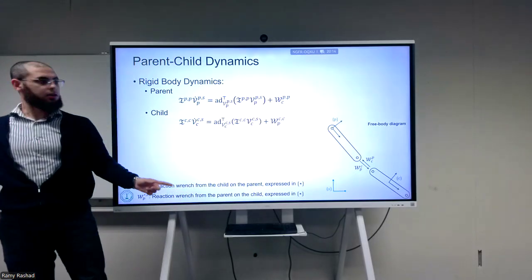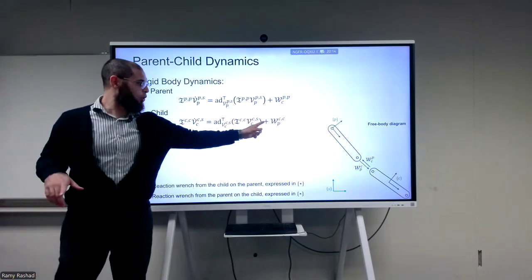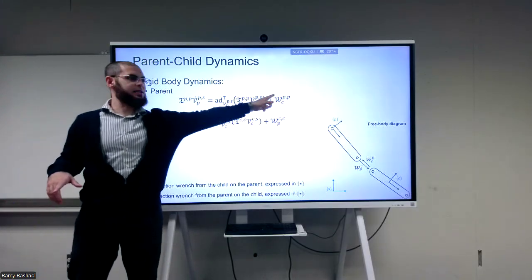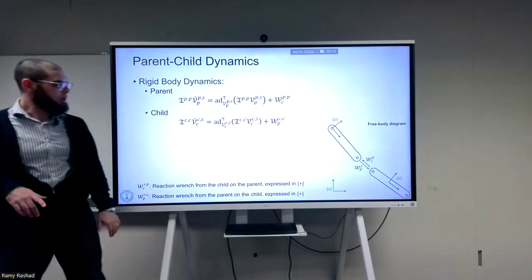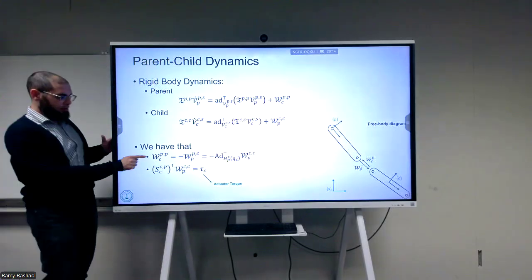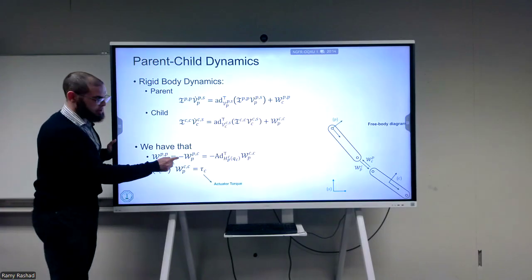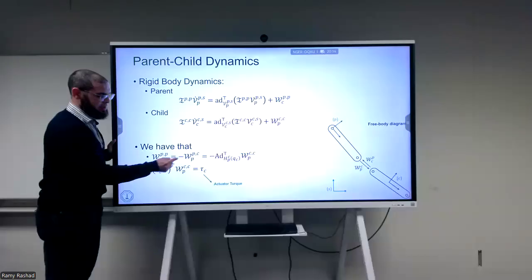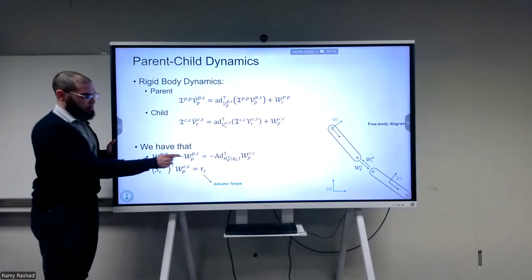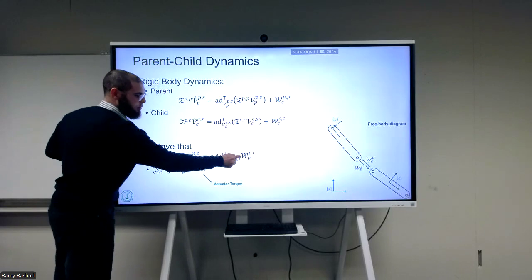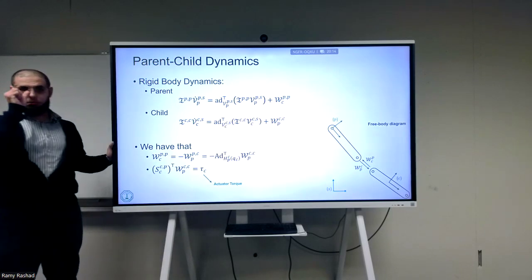There is a catch: this equation has to be all represented in the C frame, and the other equation has to be represented in the P frame. So you know that C with respect to P expressed in P as the wrench is minus of P acting on C expressed in P. And if I want to represent this in the C frame, then I need to multiply by the transpose of the adjoint from P to C. Make sense?